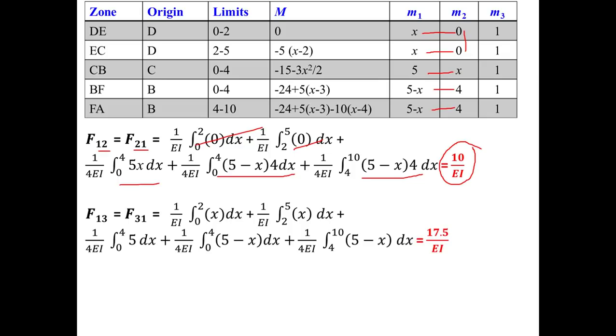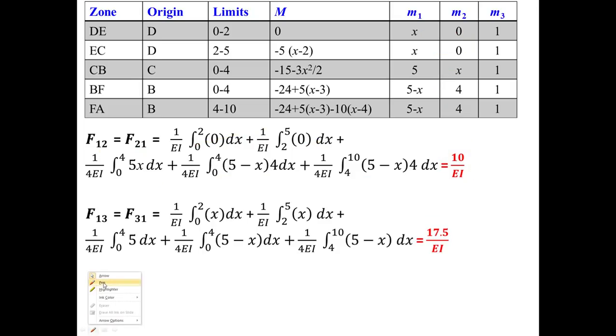Similarly F13 equal to M1 into M3. So M1 into M3, for first zone it is x into 1, that is x. Okay, this is x. Second zone x into 1, again x. Then third zone 5 into 1, that is 5.